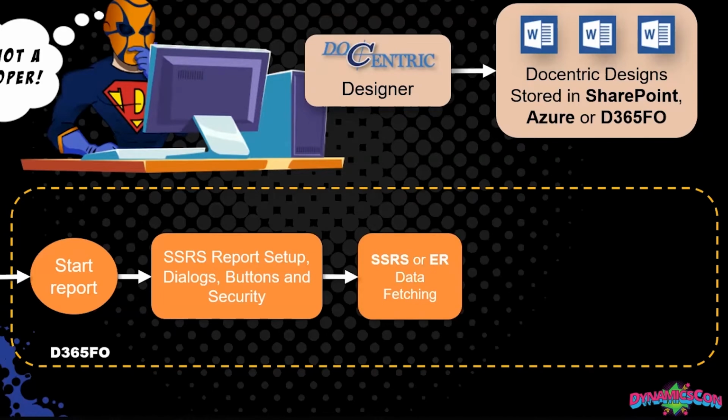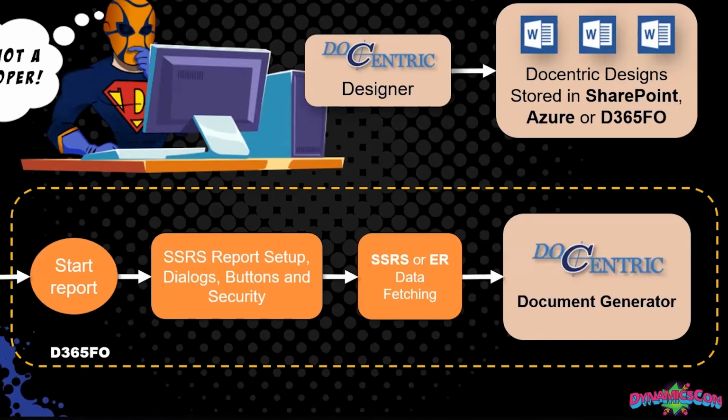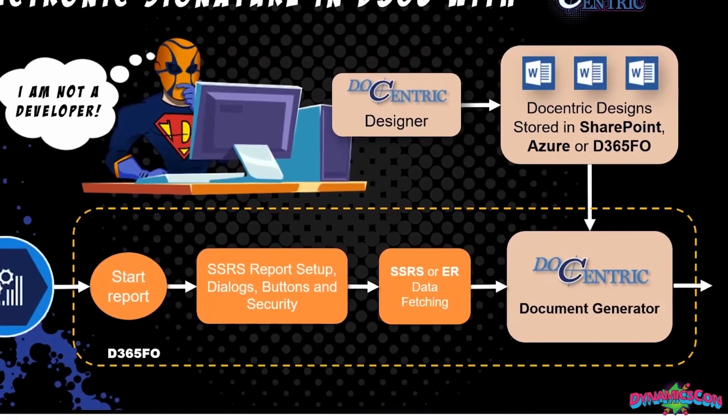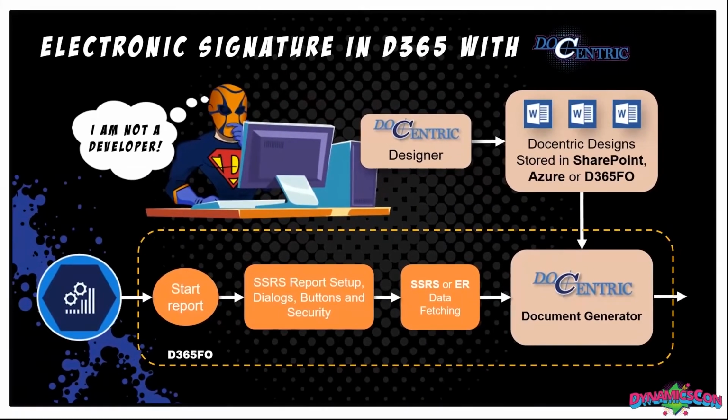Then we fetch the data either from the SSRS or electronic reporting data source. And by electronic reporting, I mean the model and the model mapping, and pass the data along with the Docentric design to the document generator to create the final document, and in our case, a PDF document.